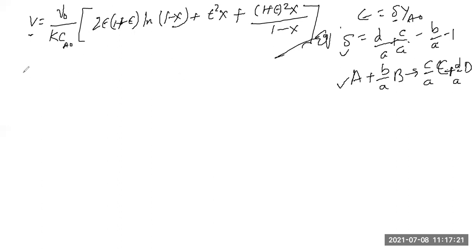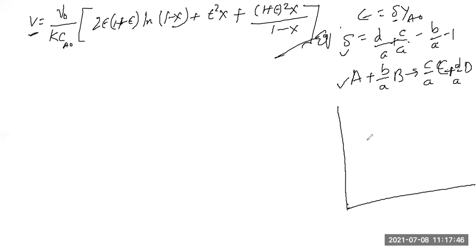We will plot a graph between volume and conversion X. What we have is the relation between volume of the reactor and conversion. So we will be drawing a graph like this. This is what you see in your Fogler book.